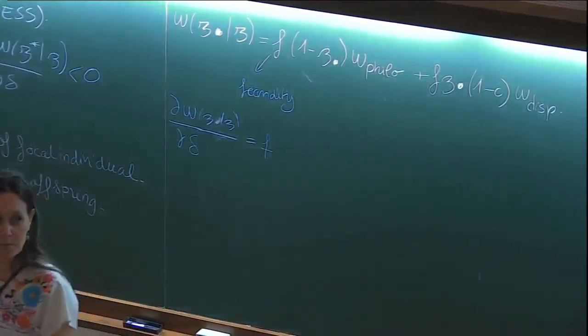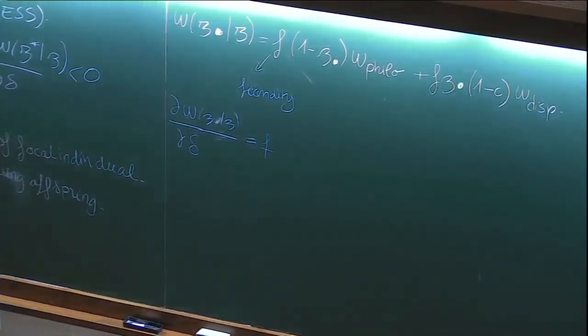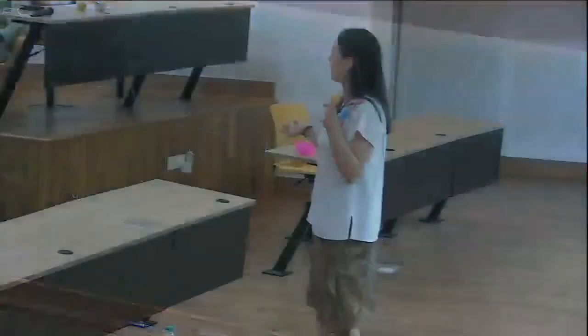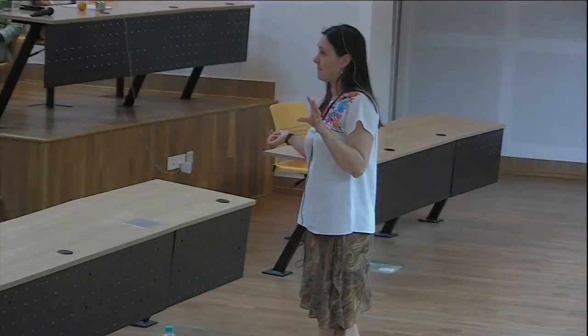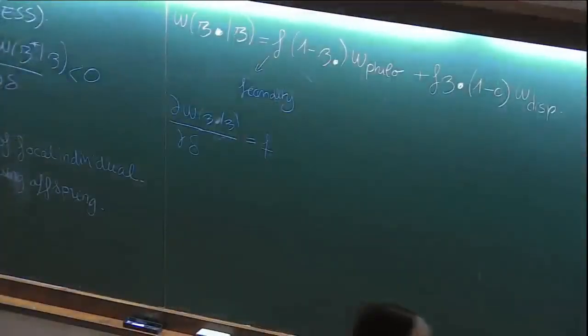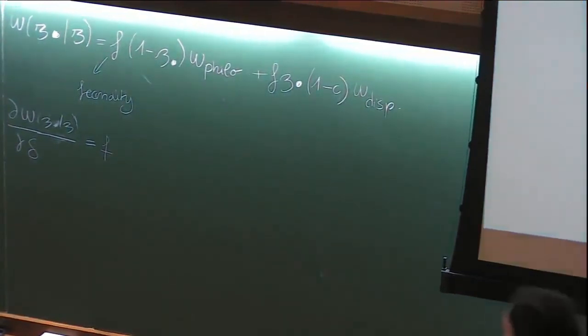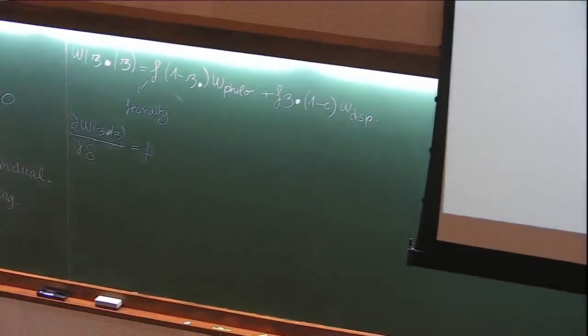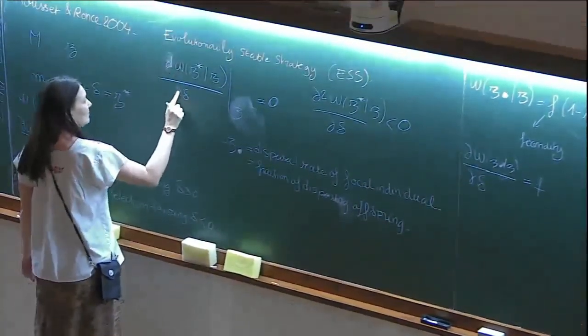You remember when you take the derivative of a product, what is the derivative of a product? Well, first of all, those should not be partial derivatives, but everywhere should be d.